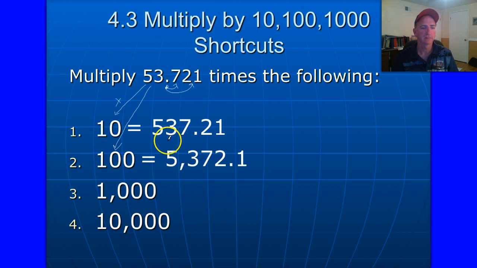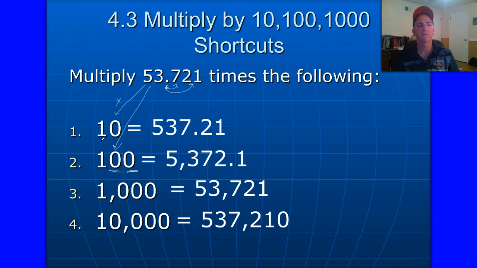Okay, it went one place, two places. It went the number of zeros. So the next one's going to go 3 places, and the next one's going to go 4 places. Notice on that one I had to fill in a 0 filler space there, so I could get that 5 in the correct place value. Which was really its only purpose of us putting it in there.